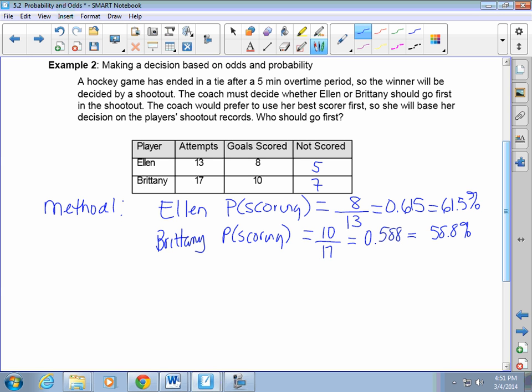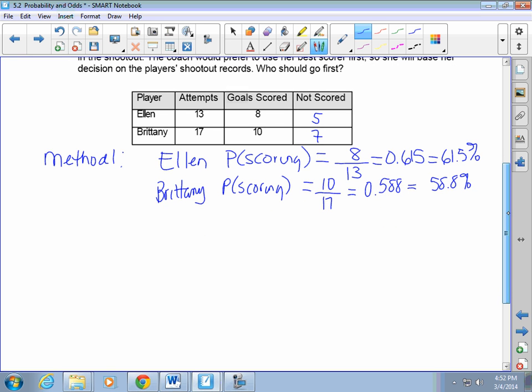So odds in favor means we take a look at the odds in favor of it happening compared to the odds in favor of it not happening.